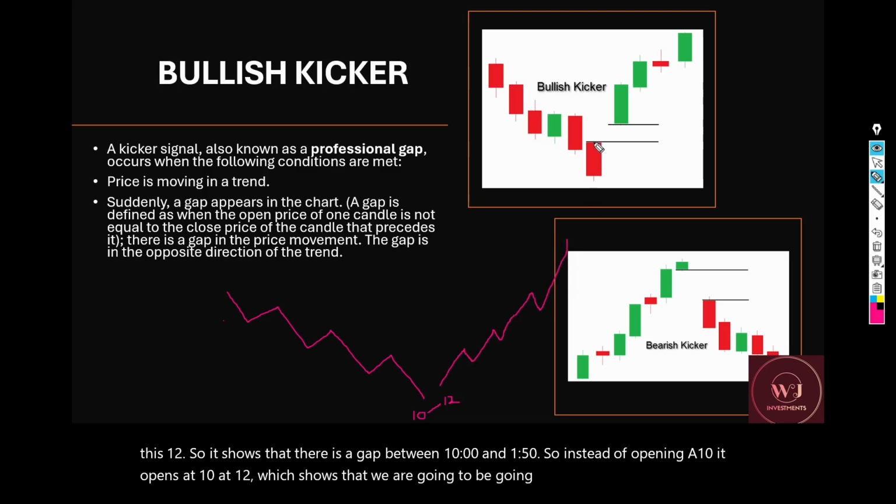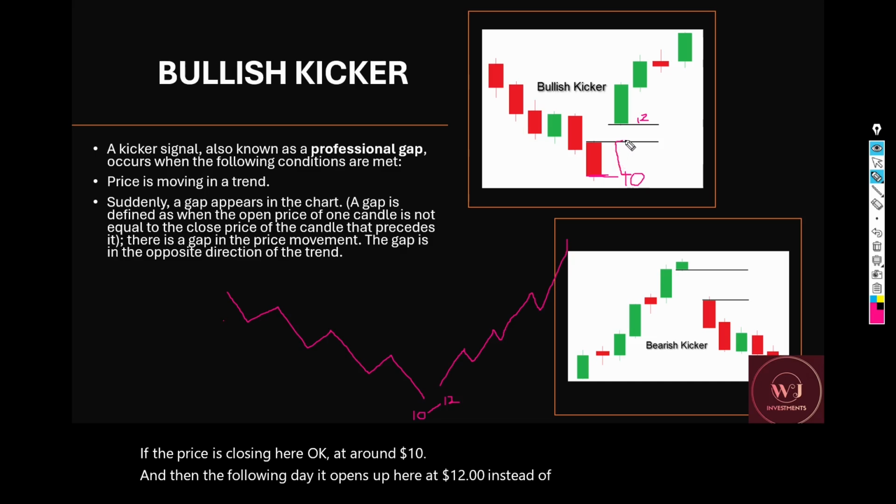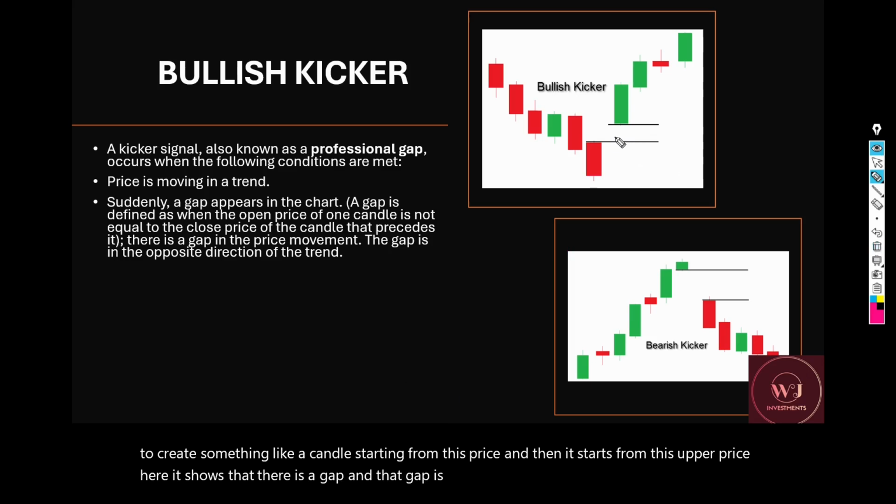So if the price is closing here at around $10, and the following day it opens up here at $12, instead of starting a candle from the previous price, it starts from this upper price. It shows that there is a gap, and that gap is what we call the bullish professional gap.